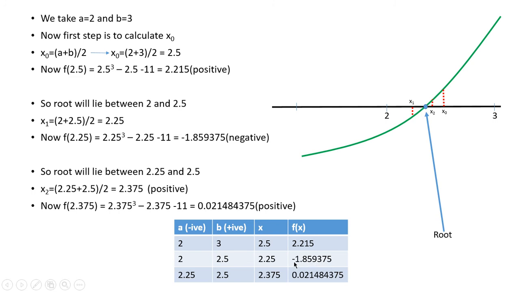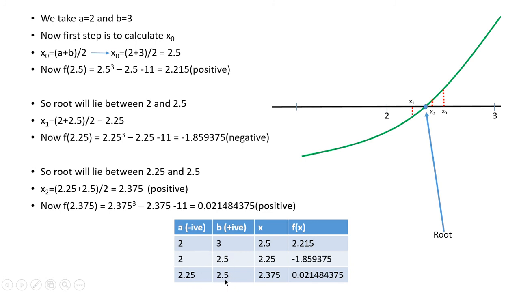Now again you will have to look at its sign. It is negative. In the previous row it was positive, so we replaced b by x. In this case it is negative, so you have to replace a by x. B will remain the same. So you can see in the next step I have replaced a with x and b is the same.